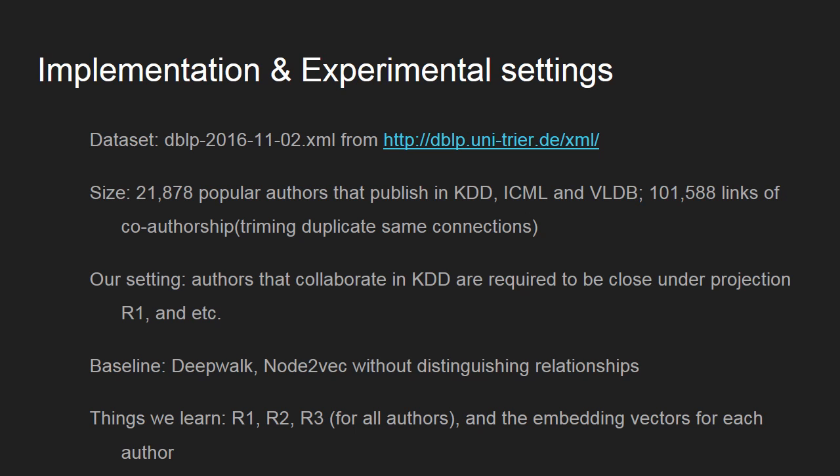The size of the data after processing for these three conferences, KDD, ICML, and VLDB, is 21,878 authors. For these three conferences, we have a total of 101,000 links and 588 links.